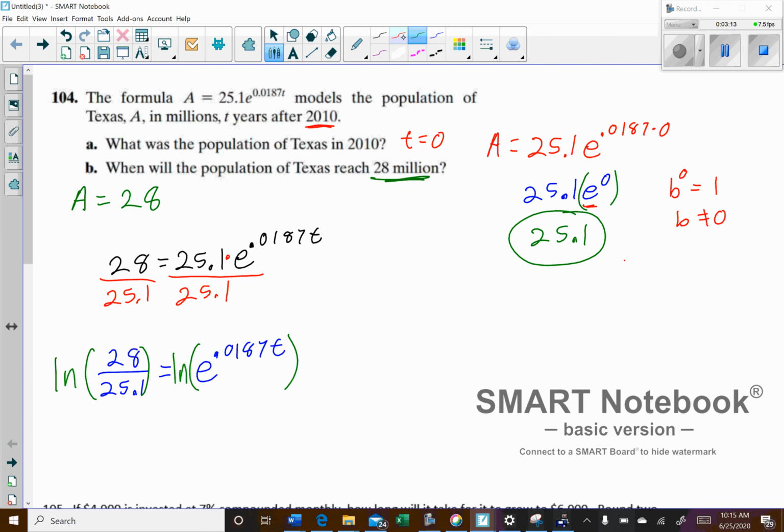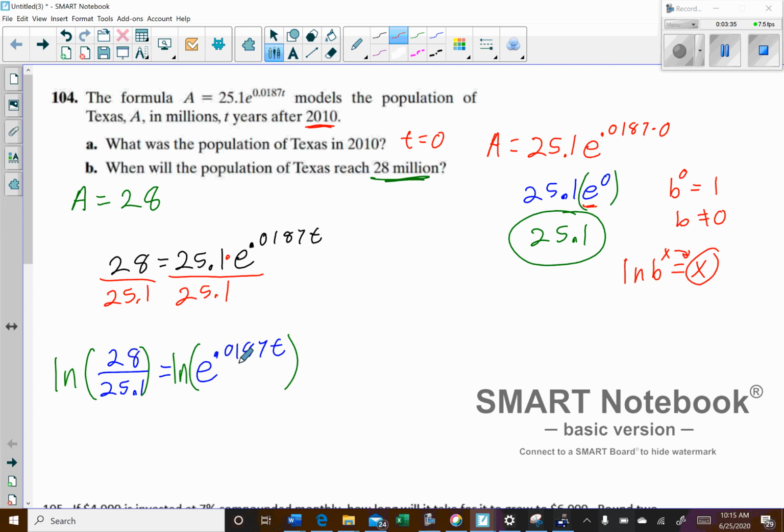Now, what that does for me here is that here's another property that we should know. If you have the natural log of a base raised to a power of x, it will equal whatever that power is right there. Okay?